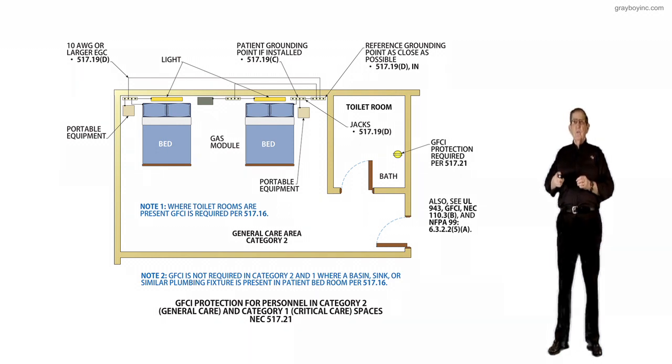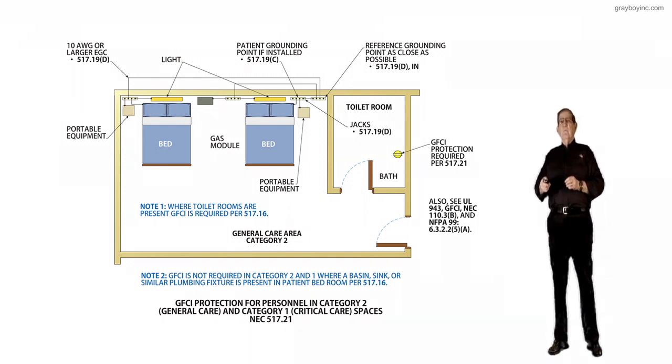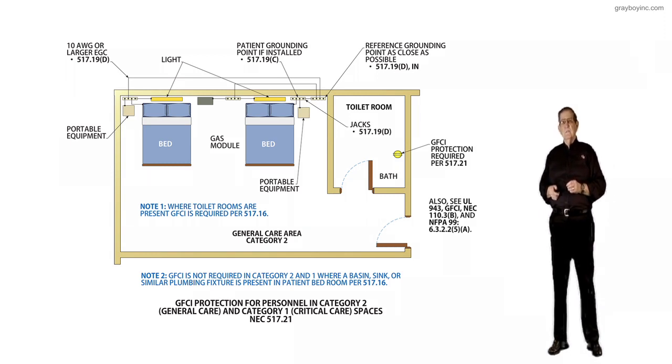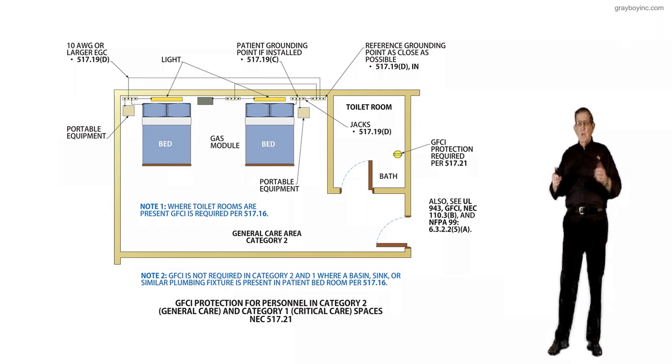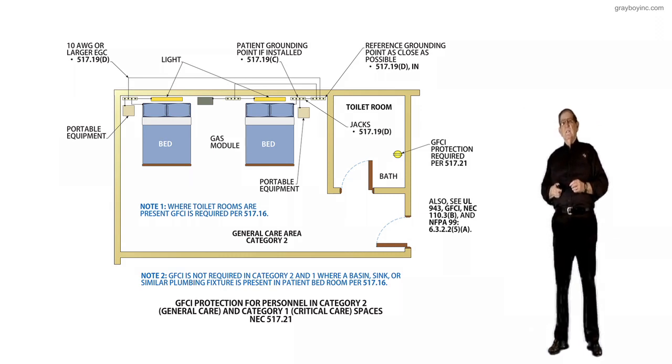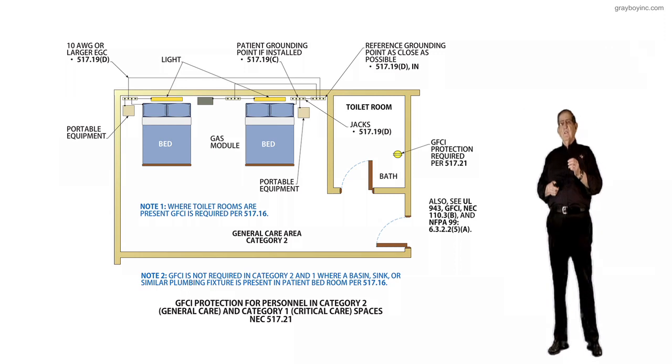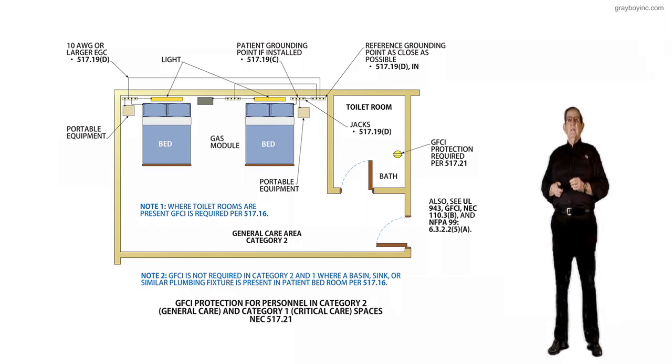In other words, you do not have a bathroom, but this sink is there for certain types of use. It's not required to be GFCI protected, so make sure that you understand that note and then understand where the GFCI protection is required.